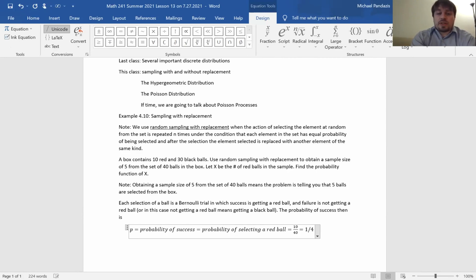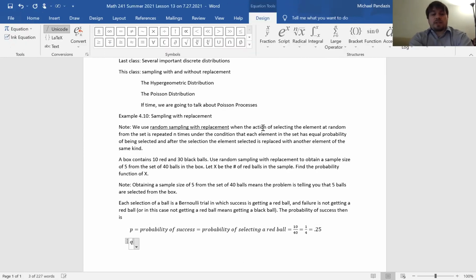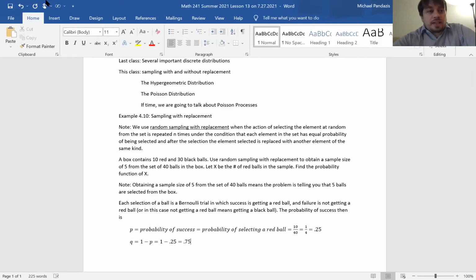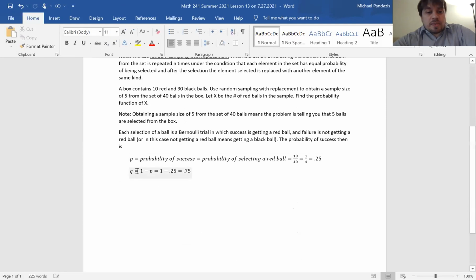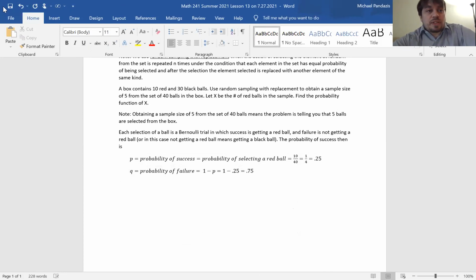So that's 1/4, or as a decimal, 0.25. So p, the probability of success, is 0.25, and q, the probability of failure, is 1 minus p, which is 1 minus 0.25, which is 0.75. So we have the probability of success and the probability of failure, and we have all of that information.